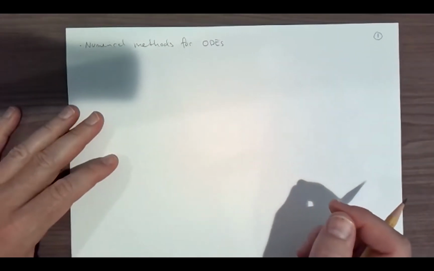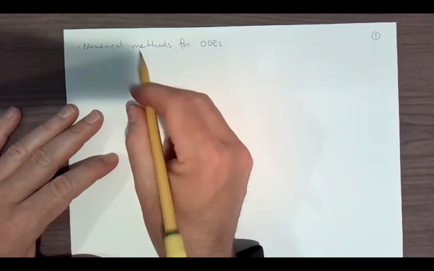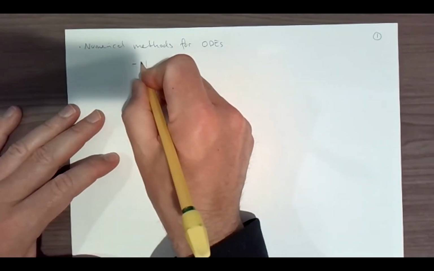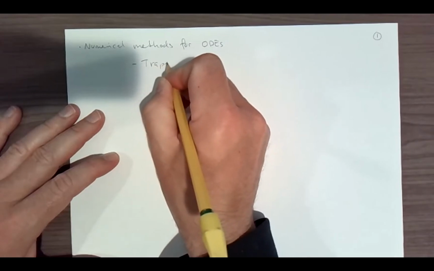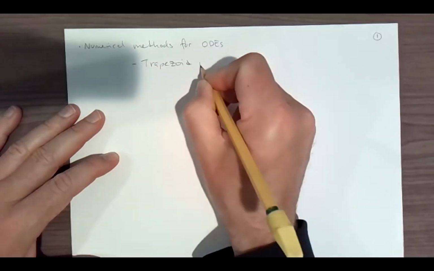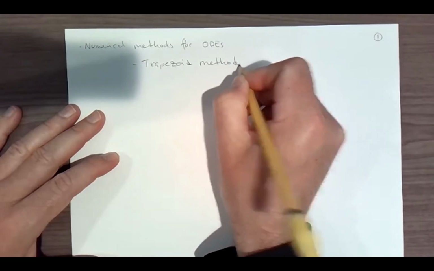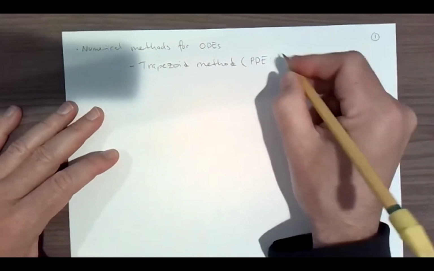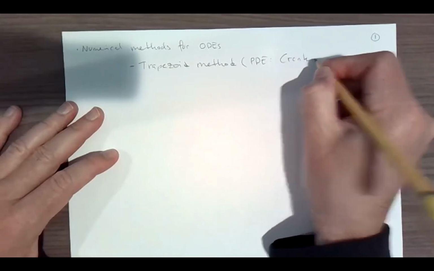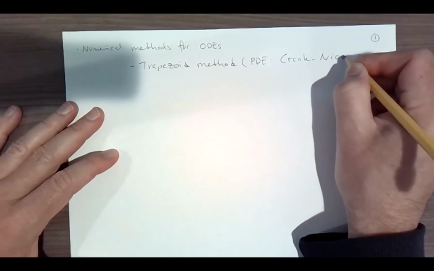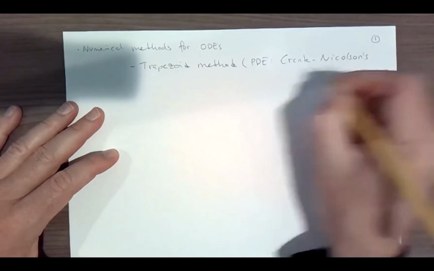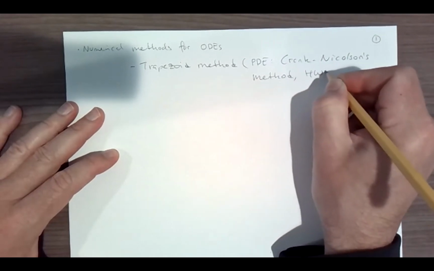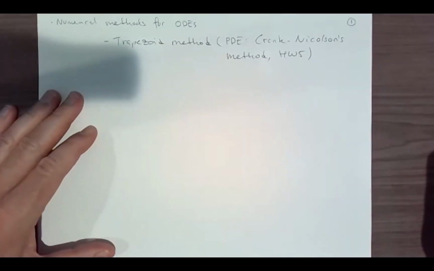First we're going to consider this method that's called the trapezoid. And when we do PDEs, this is what's going to become Crank-Nicolson. And this is what will be needed for homework 5.